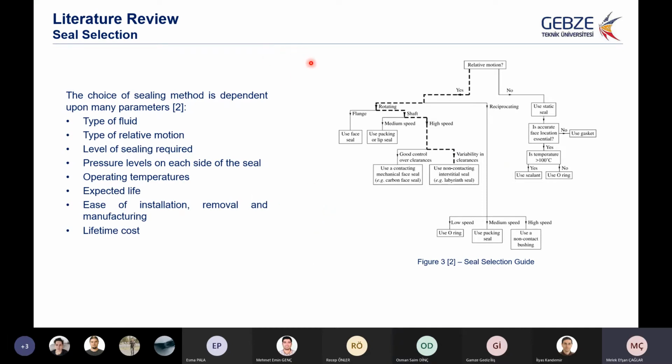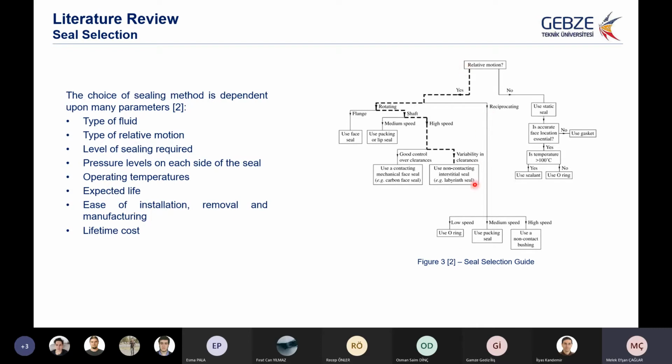So I have mentioned that there are various sealing elements throughout the engine. We make our seal selections based on the type of fluid that is going to be sealed, the type of relative motion between the surfaces we are trying to seal, level of sealing required, pressure levels, operating temperatures, expected life, and obviously ease of installation, removal, and manufacturing, and cost.